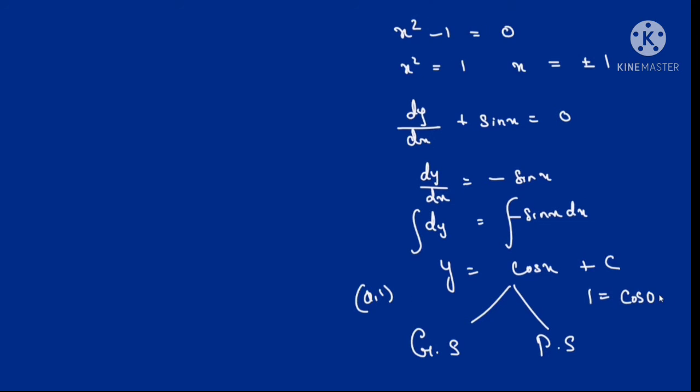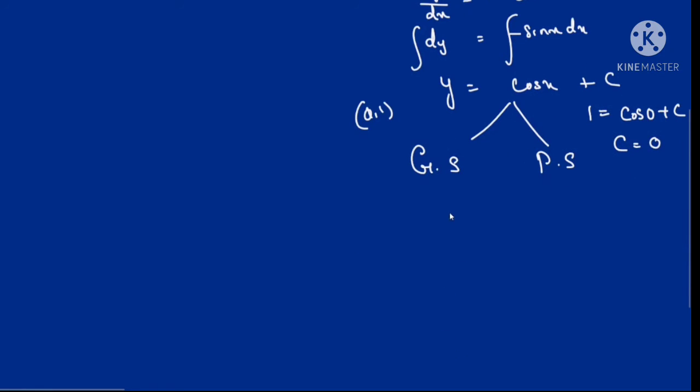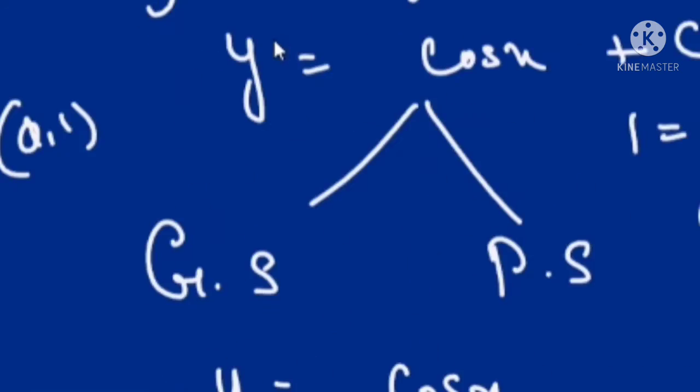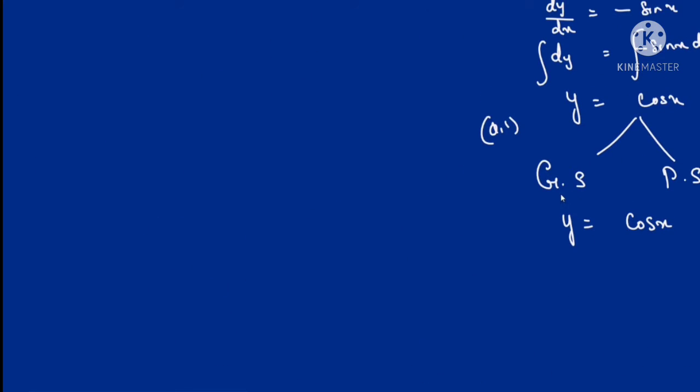So cos 0 plus c. You know cos 0 value is 1. So c is 0. So this is a particular solution. The particular solution for this is y is equal to cos x because c is 0. So you have two types of solutions, the particular solution and the general solution.